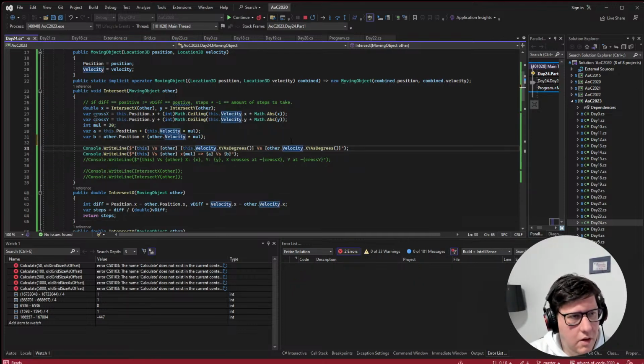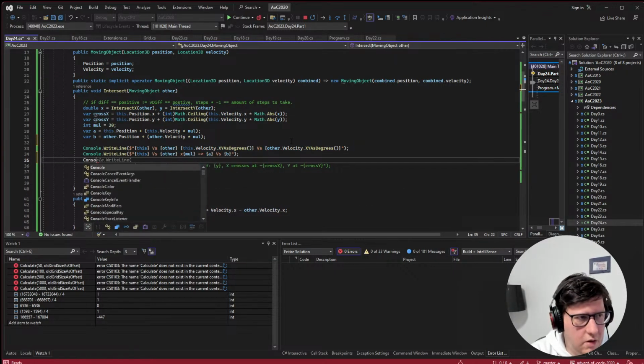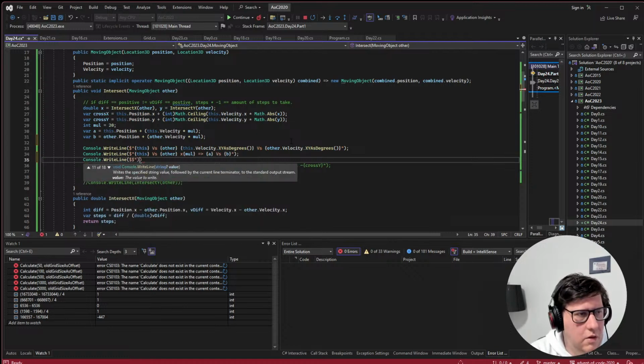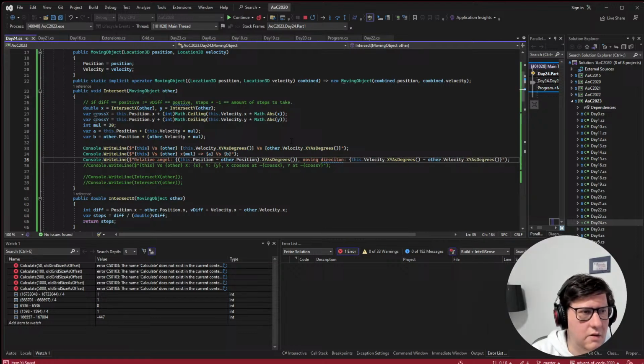Okay, so let's say console dot WriteLine relative angle would be this, moving direction would be this, and then we subtract these two from each other. Something like this.